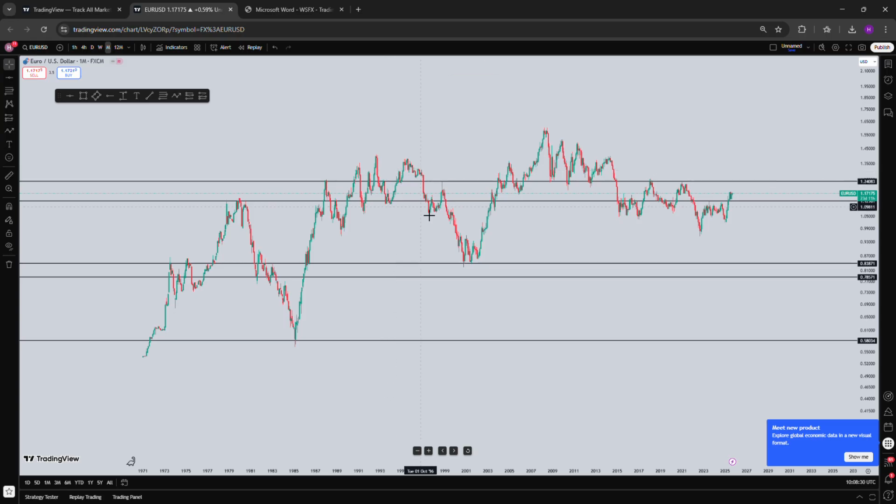So you'd have to find a way to catch as many rejection points as possible with a single line. That is why when it comes to proper forex trading, proper use of support and resistance, we do not use lines. Are we together? We do not use lines. We make use of something way more proper called zones.